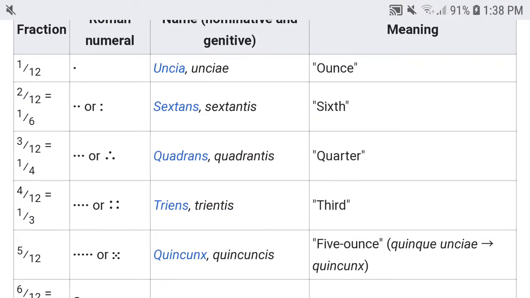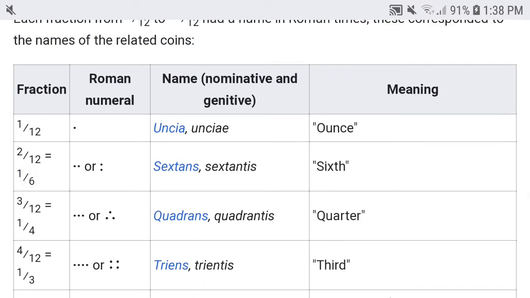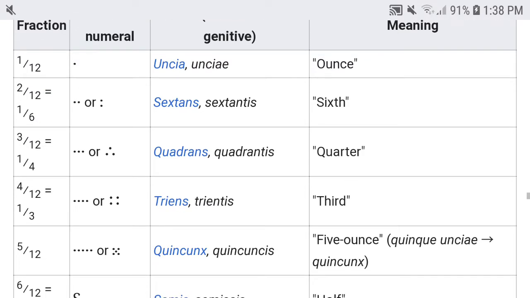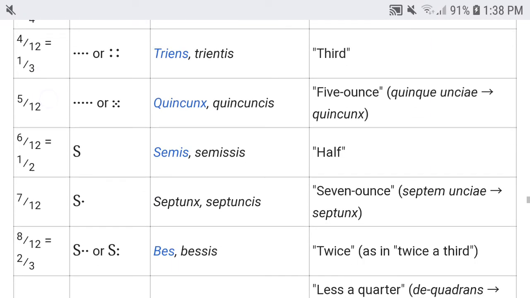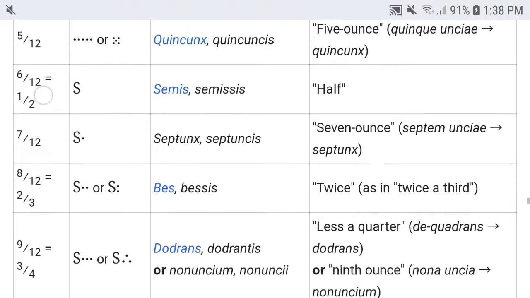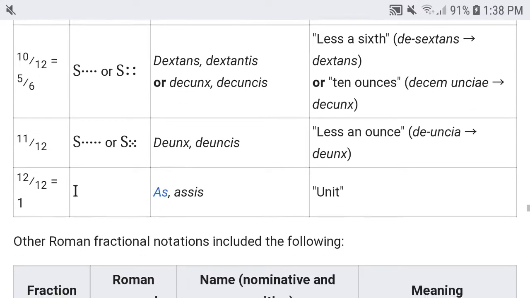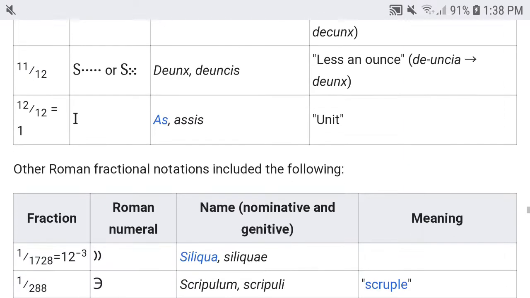Oh, I see. I guess they use dots for fractions, which is again interesting as well. Using the dots, and then S is half, and then a combination of S and dots, and then I, which is one, a unit basically.